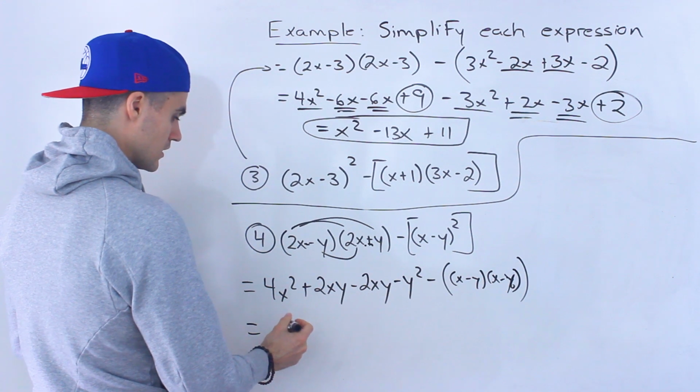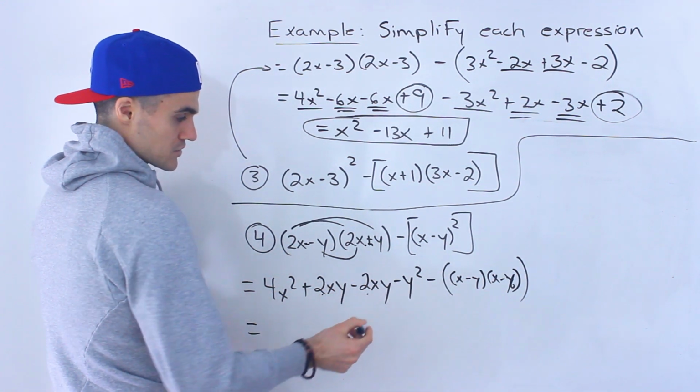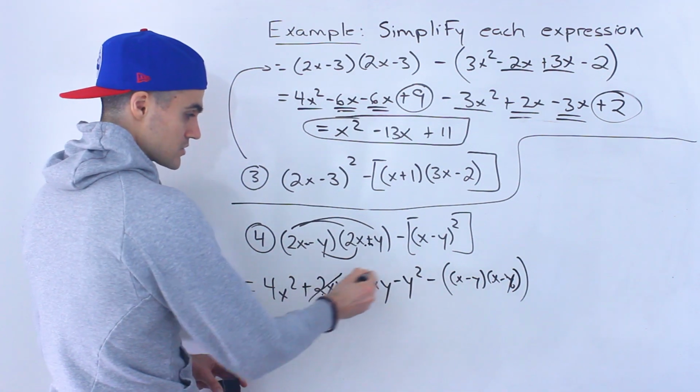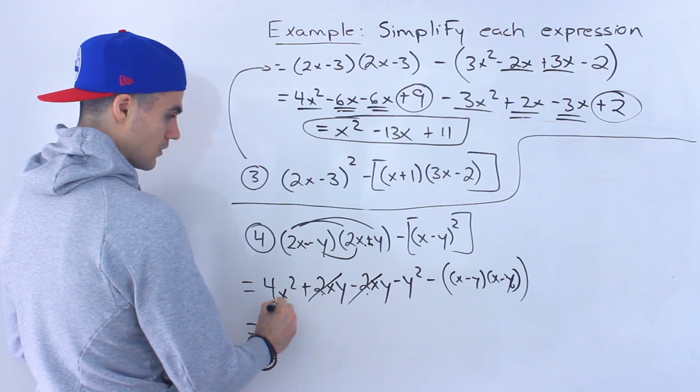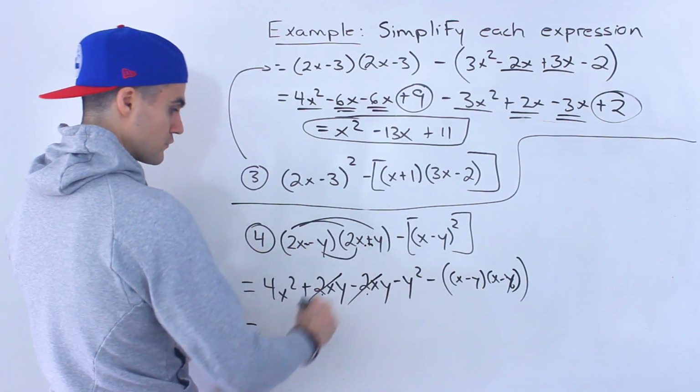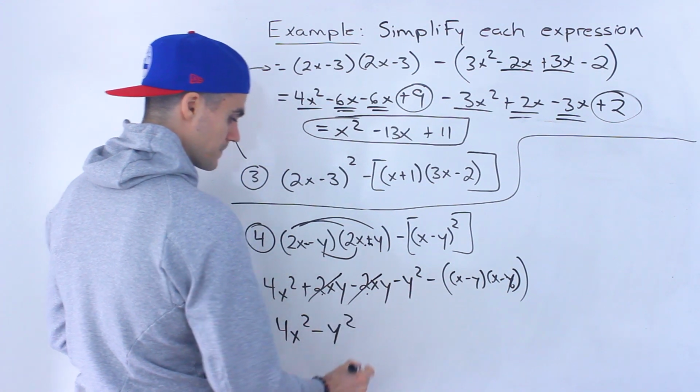So from here, let's try to simplify as much as possible. Notice that 2xy minus 2xy, those are like terms. They actually net out to 0. All right, this here is a difference of squares. So really, all we're left with after we FOIL these out is 4x squared minus y squared.